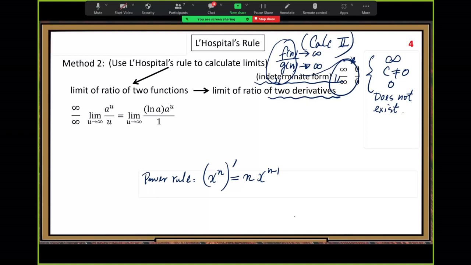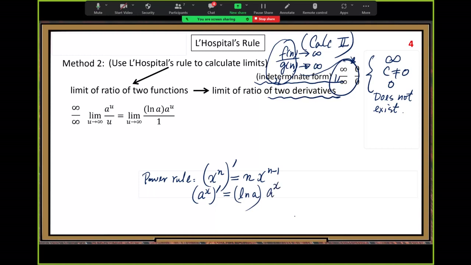Then the numerator function derivative, that's the exponential function derivative a to the x. The formula: derivative equals natural log of a times the original exponential function a to the x. Here our variable is u.